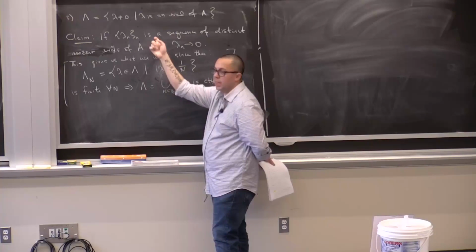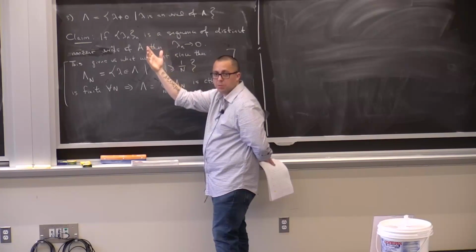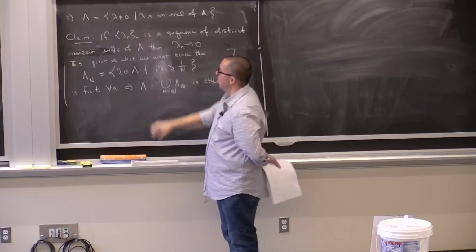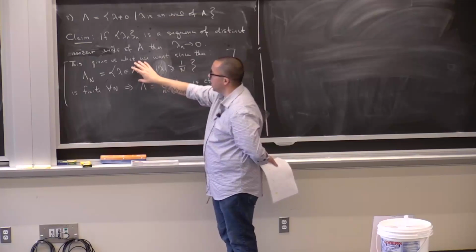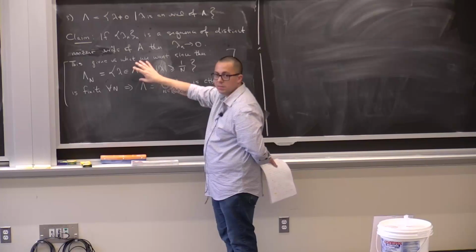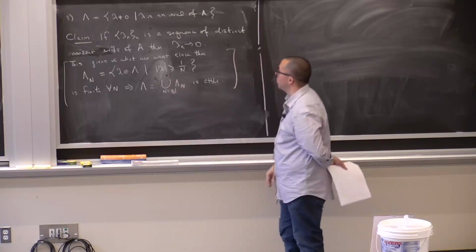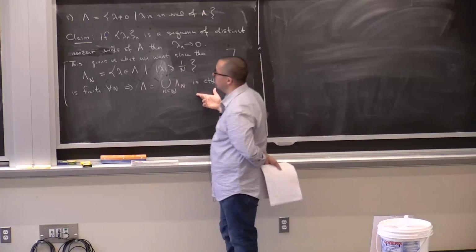But that would contradict the claim. Again, assuming the claim is true. We haven't proved it yet. All right? So again, from this claim, we can conclude that each of these sets is finite for all n. And therefore, the set of non-zero eigenvalues is countable.